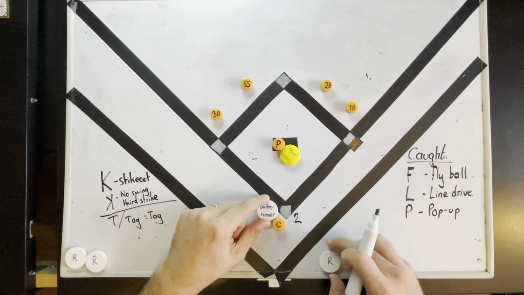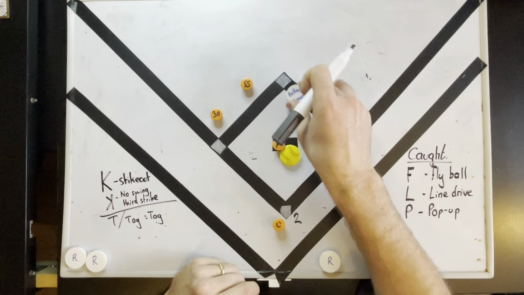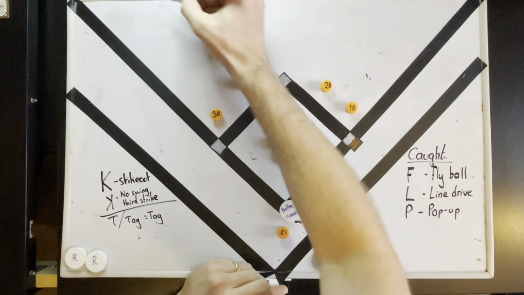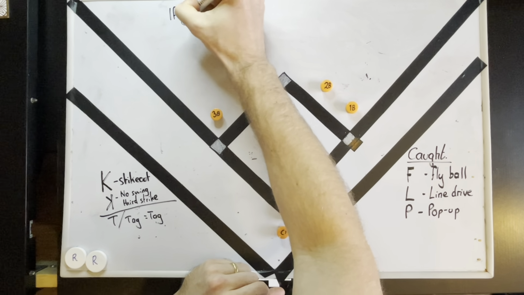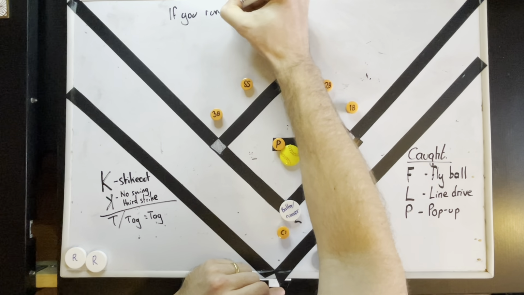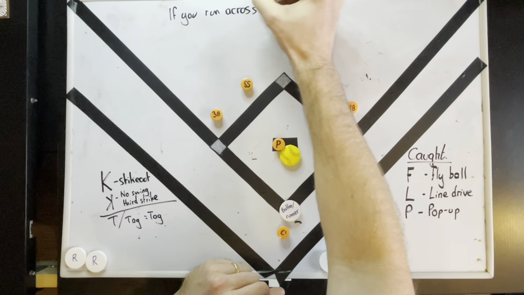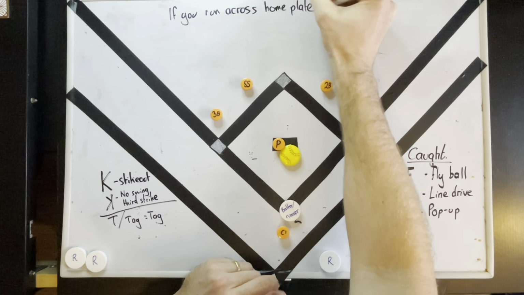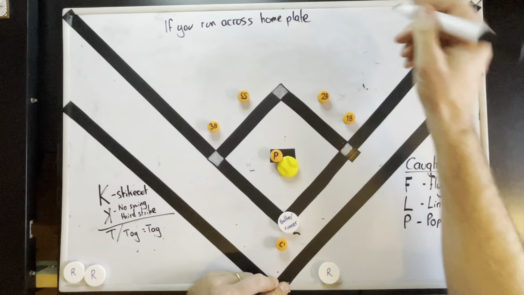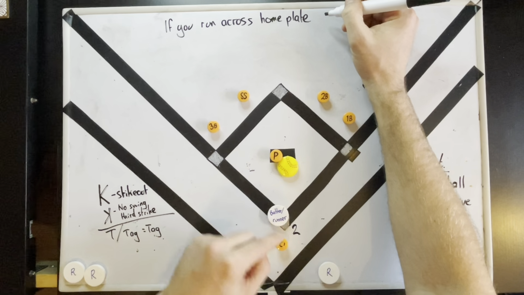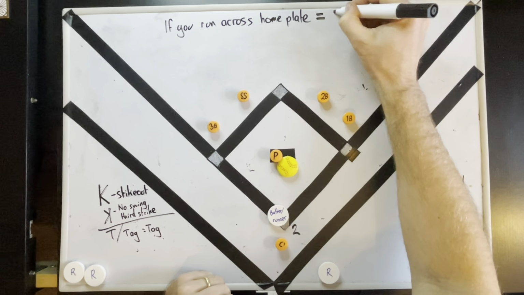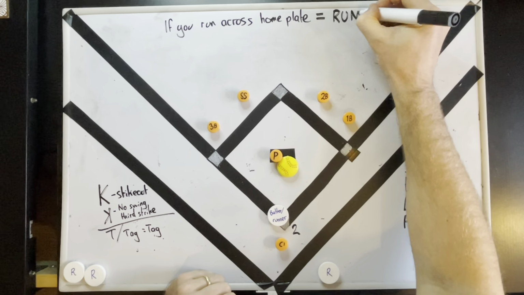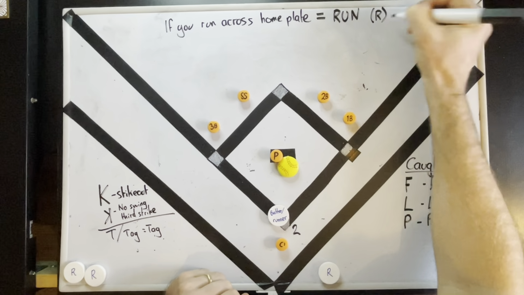Well, if you get all the way round, if you run across home plate, as the base runner, if you are the runner who actually touches the plate yourself, you are credited with a run, just the letter R.